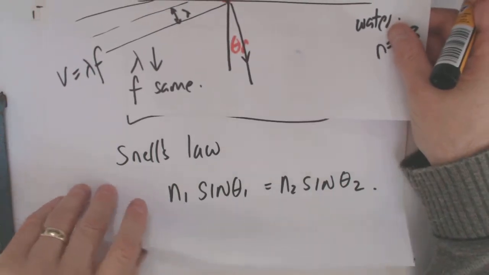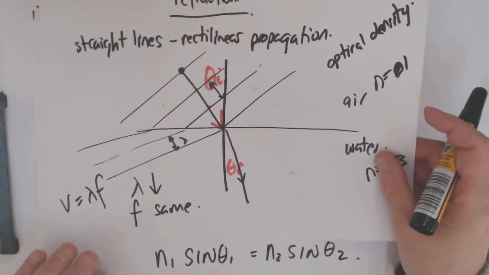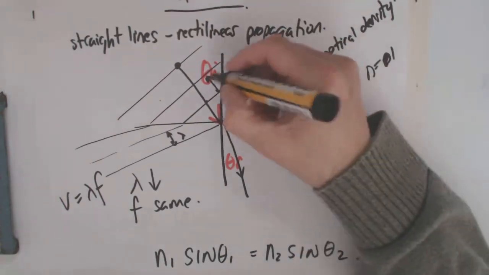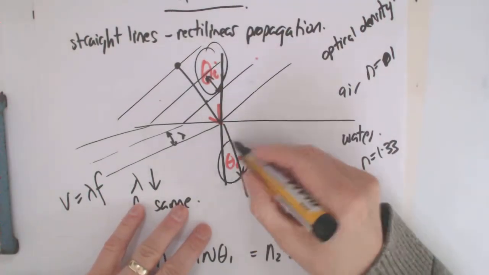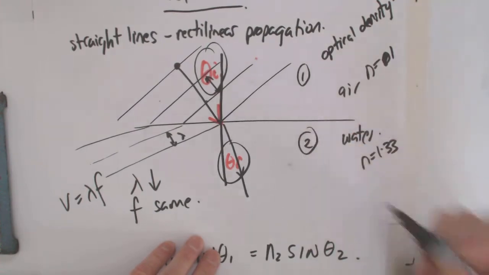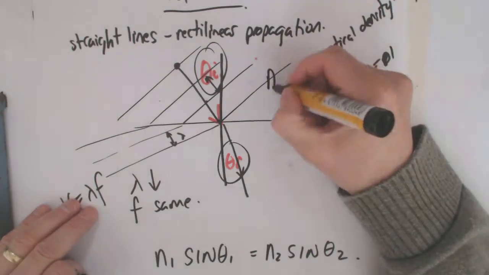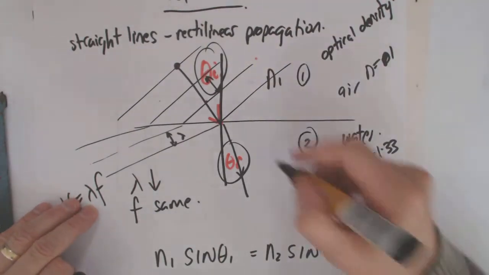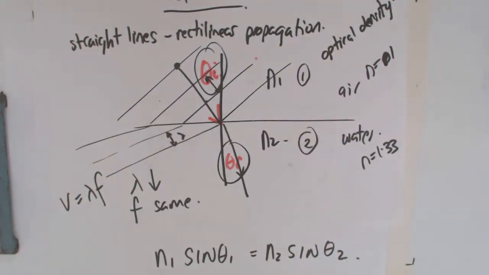So going back to this first part here, if we've got theta 1 and we want to know theta r, if we call this the first side and this the second side, then n1 is the refractive index on that side, n2 is the refractive index on that side, which with water was 1.3. Now we can just do these calculations to figure out the angle. So Snell figured this all out, and hopefully you'll have done a practical where you do that.